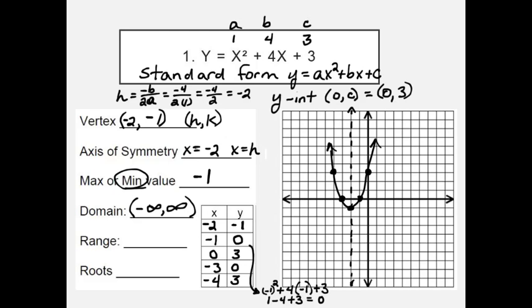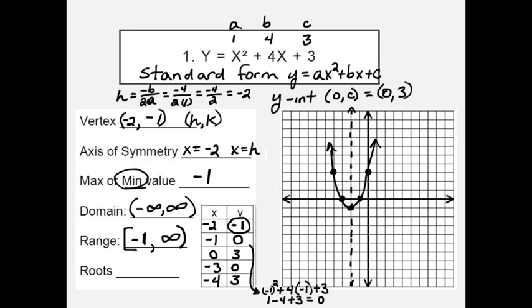The bottom number is -1, so the range includes -1, and it goes to infinity, and there's always a curved bracket on infinity, because you never get to infinity. And we can see that -1 is included as a point on the quadratic graph. So we have the square bracket on the -1.